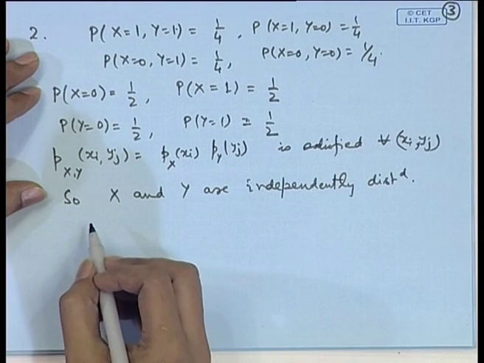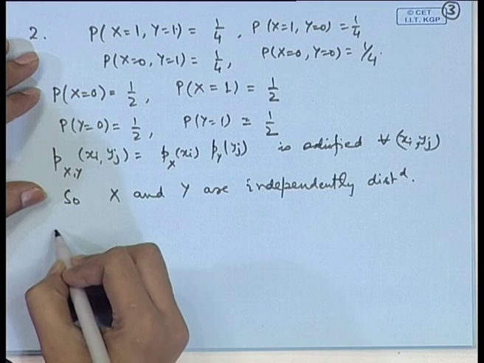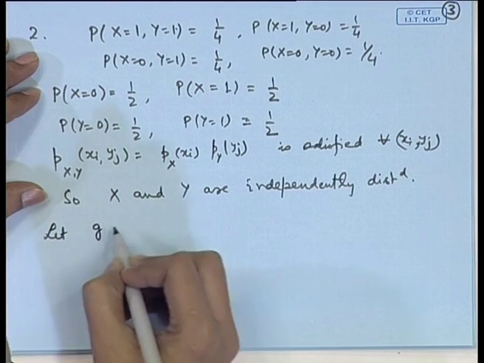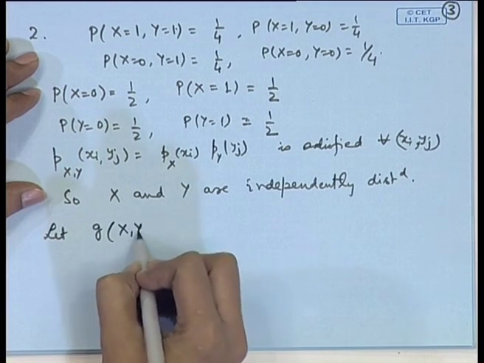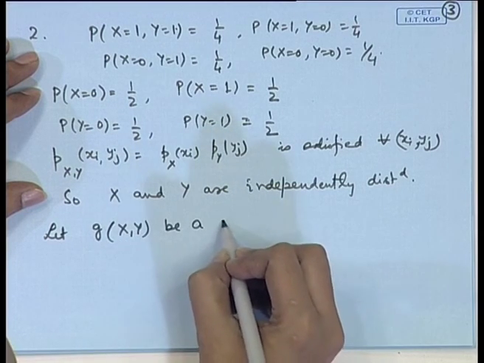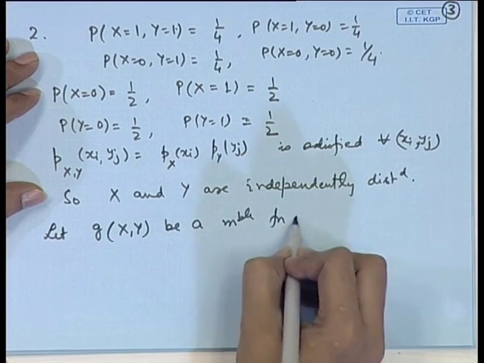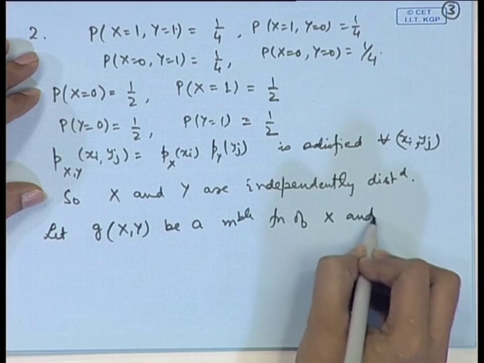Now, let us look at the concept of expectation in case of joint distributions. Let g(x,y) be a measurable function of x and y.